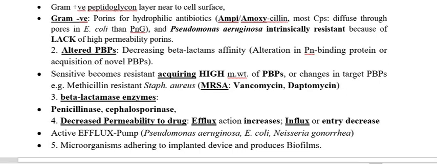By altering the structure of the penicillin binding protein to a high molecular weight form, Staph aureus becomes resistant to methicillin, and therefore it is called methicillin-resistant Staph aureus. In these bacteria, drugs like vancomycin and daptomycin act, so in that case we have to use these two drugs.